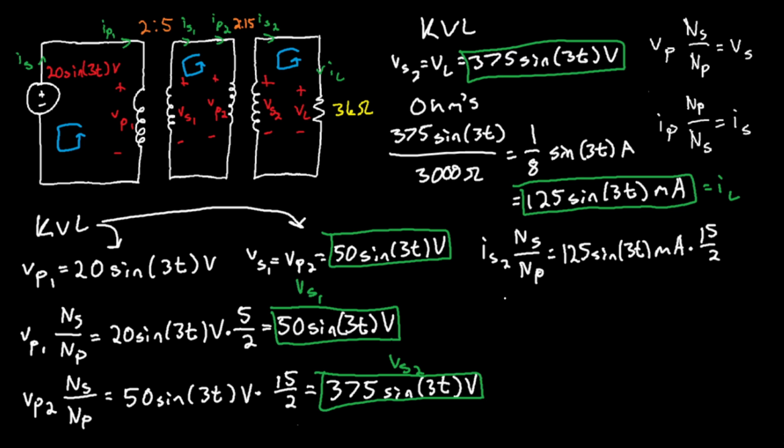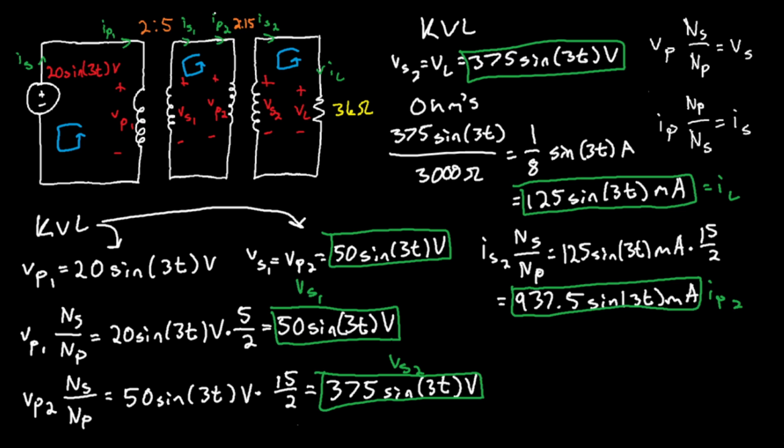What you should get is 125 divided by 2 times 15, which is 937.5 sine of 3t milliamps for your IP of 2. Right, this guy.